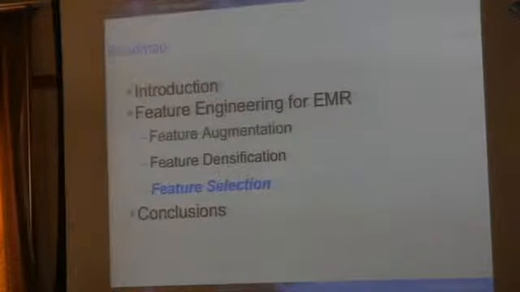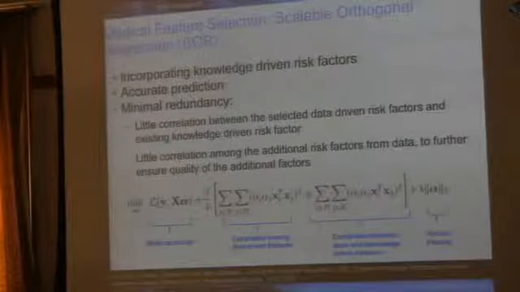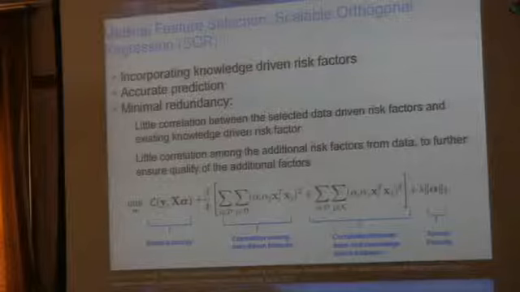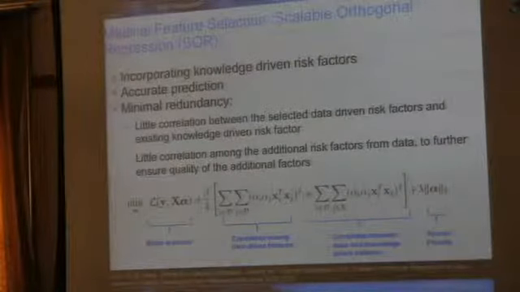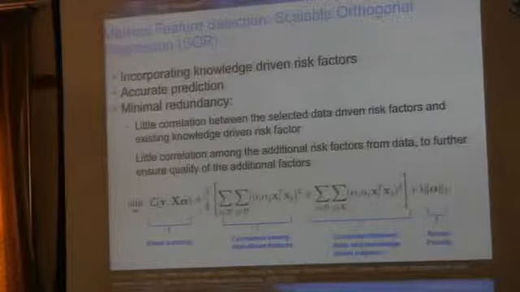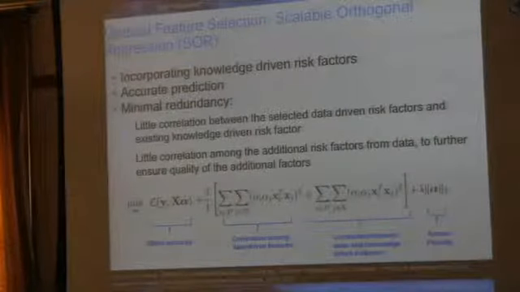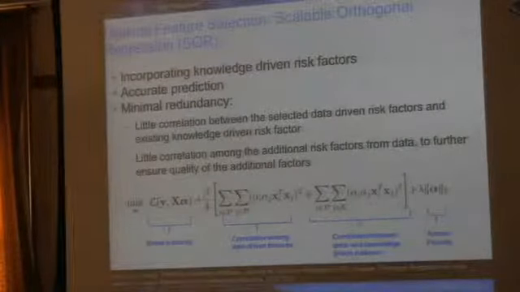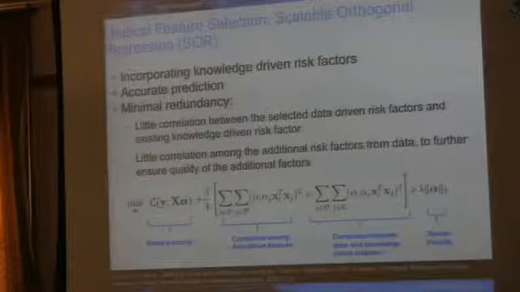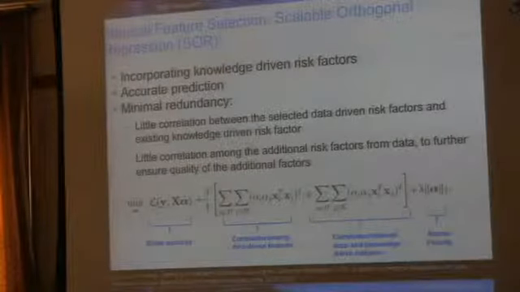So that's a feature selection problem, and specifically in medical feature selection, one important thing is that because domain knowledge is really important, we don't want to discard it. So in the feature selection procedure, we want to incorporate what we call knowledge-driven risk factors, which are the features provided by our medical advisors, and we still want accurate prediction and minimal redundancy, which are common requirements for feature selection.